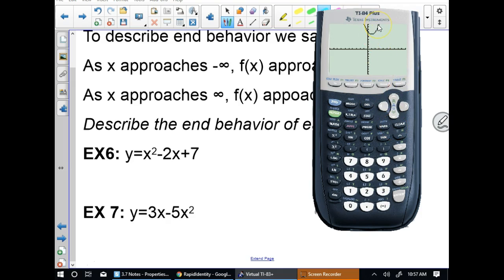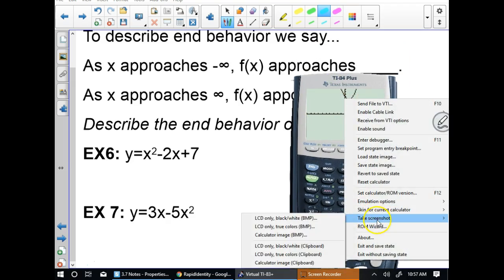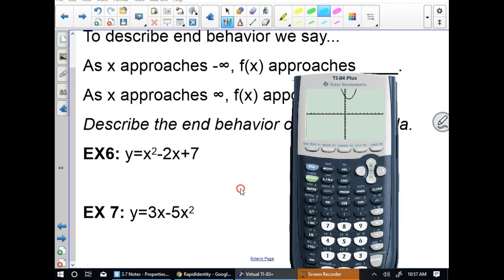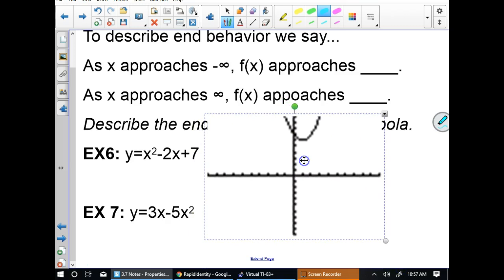Alright, so we get this graph right here. So, if I'm going to copy this so I can write on it. You can kind of think of starting somewhere in the middle of the graph. It doesn't really matter where you're at. As x approaches negative infinity, as your x coordinates get more and more negative, right?